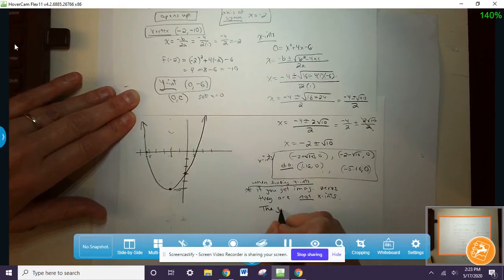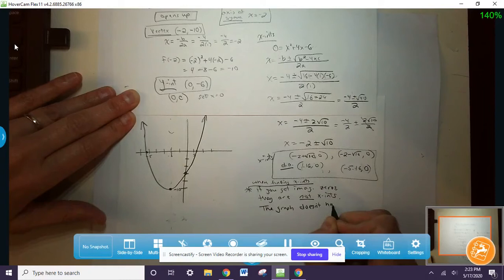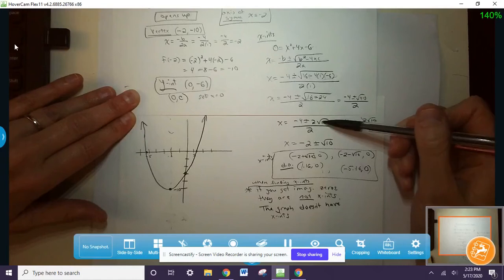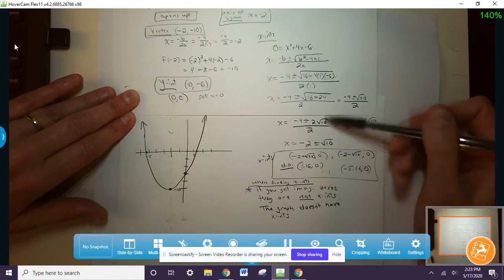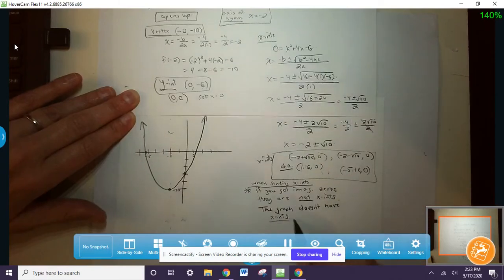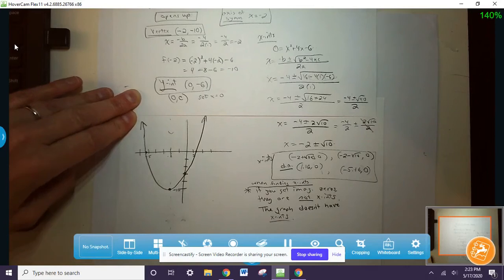The graph does not have x-intercepts. So if we were working on this problem and we ended up with an i here because we had a negative inside the radical, we wouldn't even have to simplify it. We can just stop and say, oh, there are no x-intercepts for that graph. Okay, and I don't think we need to do another full example to do that. I think I'll make sure you get to practice one of those on your own.